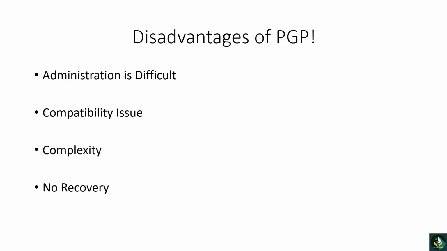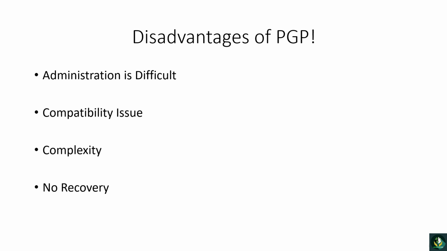Also, there are some disadvantages of PGP. The different versions of PGP complicate the administration, and both the sender and the receiver must have compatible versions of PGP. For example, if you encrypt an email using PGP and the receiver has a different version of PGP, they cannot read the data because the versions are not compatible.